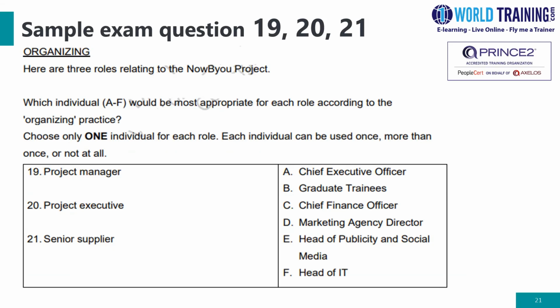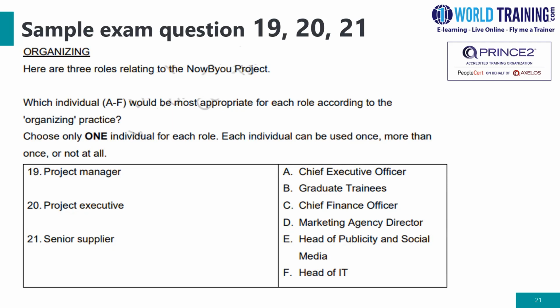The right answer would be B, graduate trainees. So if you look into the scenario given to you along with the sample exams, according to the additional information related to the graduate trainees, the first 4 trainees will reach the end of their 2-year training program in 2 months' time, and a decision needs to be taken as to whether they will be offered ongoing roles with Now BU.